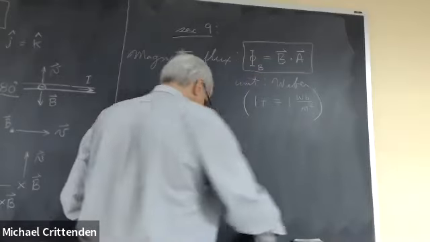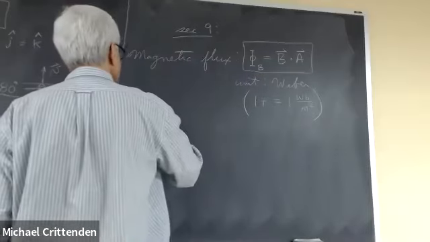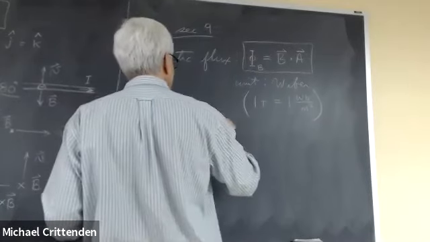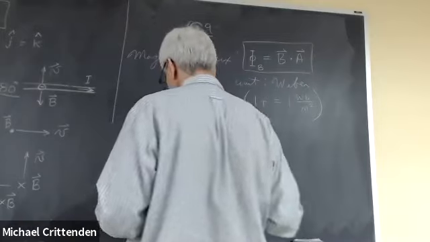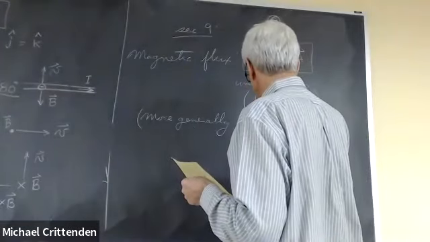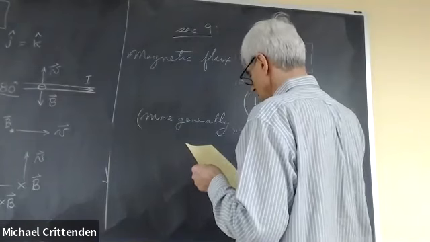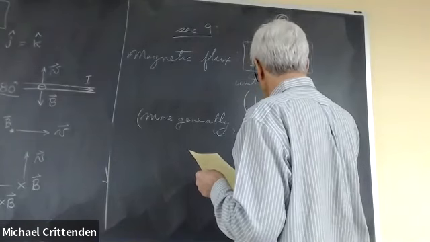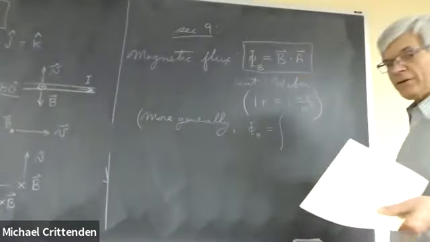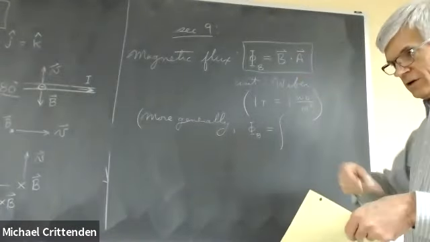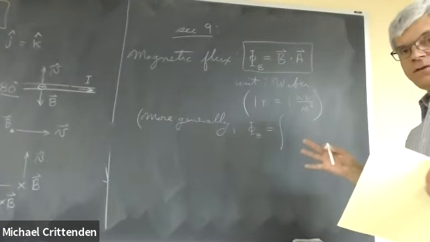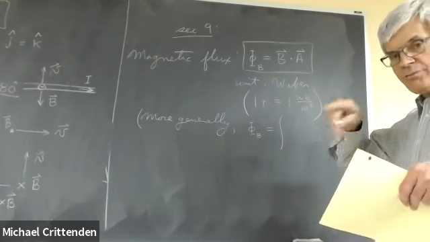More generally, if the field is not constant, either in magnitude or in direction, you have to take the surface you're talking about, how much flux passes through some surface, like the surface included within that loop.